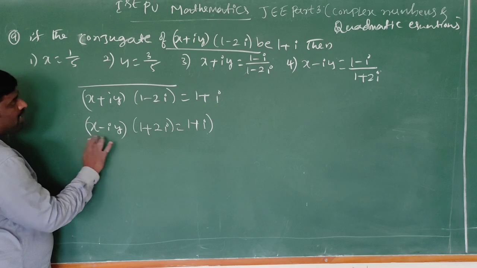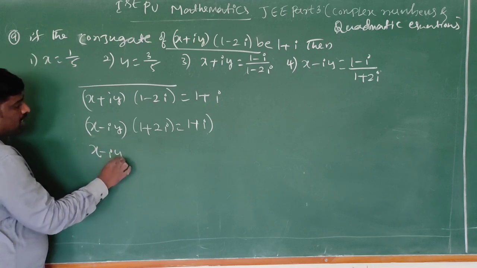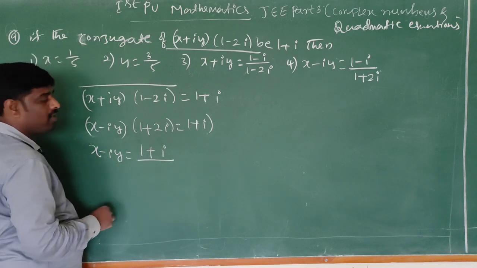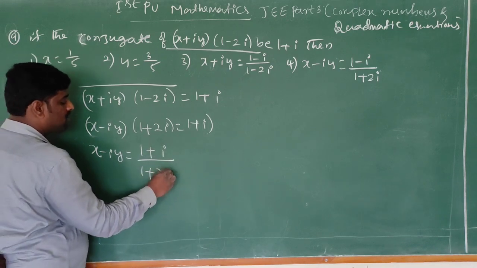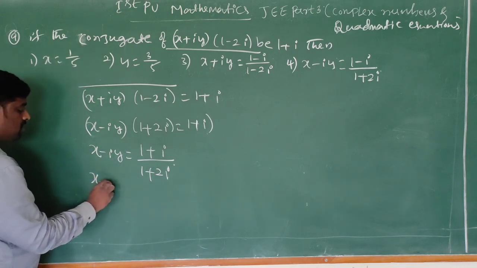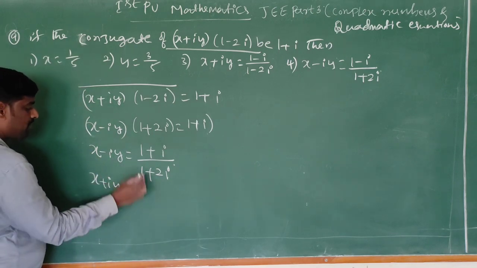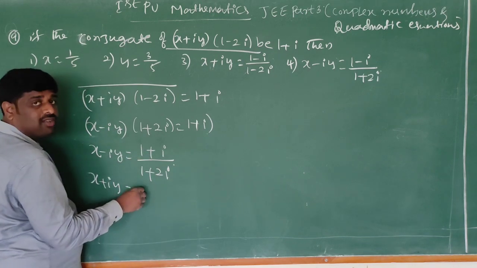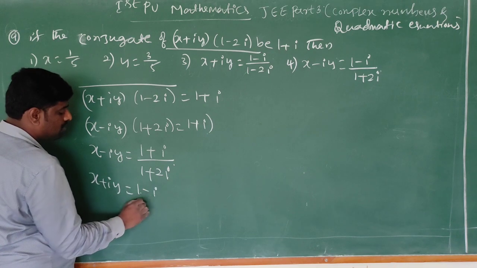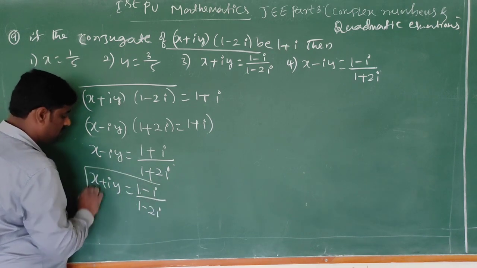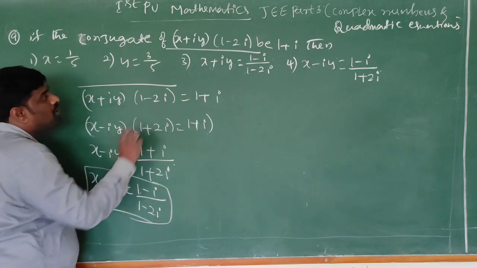Now I want to find x minus iy. X minus iy is equal to 1 plus i divided by 1 plus 2i, and again its conjugate is x plus iy. Now changing the sign of the imaginary part, that means conjugate: 1 minus i divided by 1 minus 2i. This is your answer. Which option?